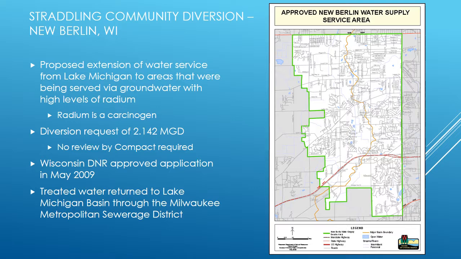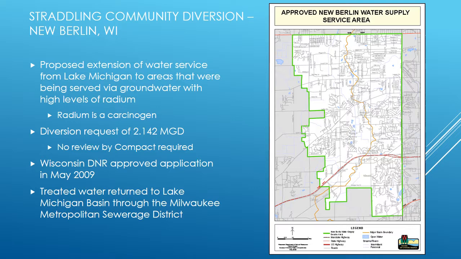New Berlin proposed extension of water service from Lake Michigan to areas to the left of the Lake Michigan Basin that were being served by groundwater, because the groundwater was contaminated with radium, and radium is a known carcinogen.